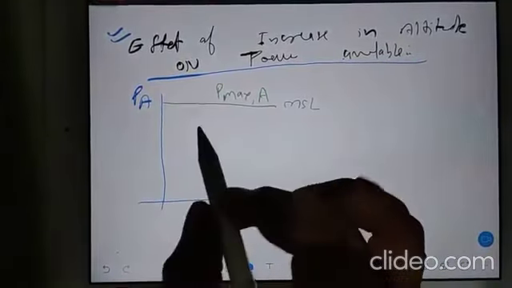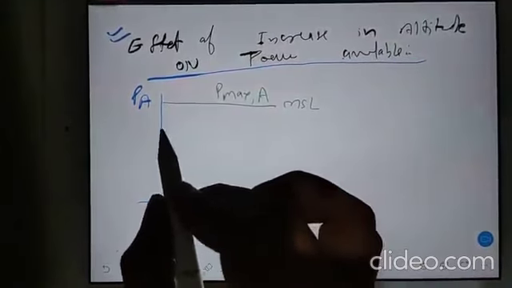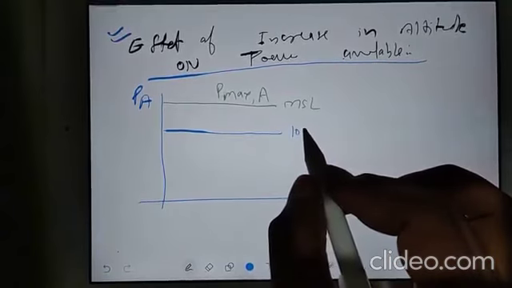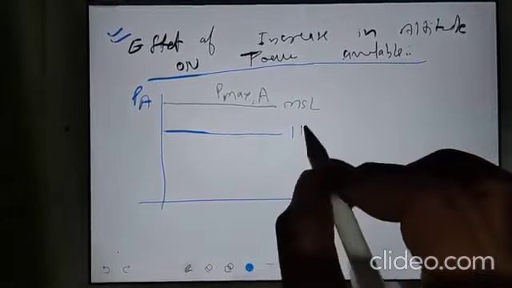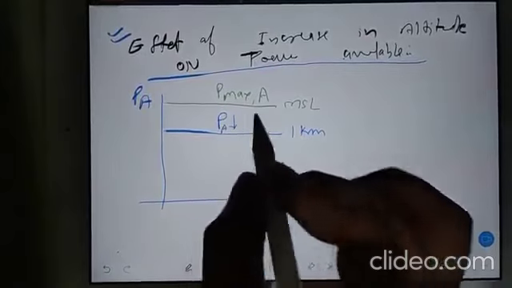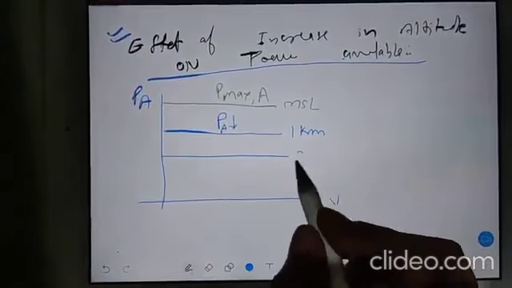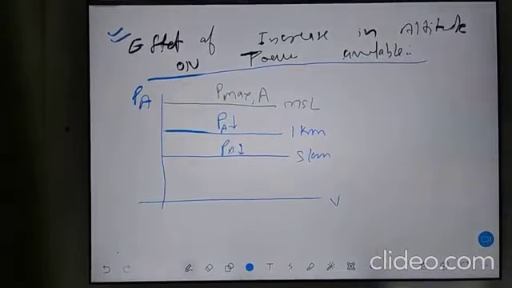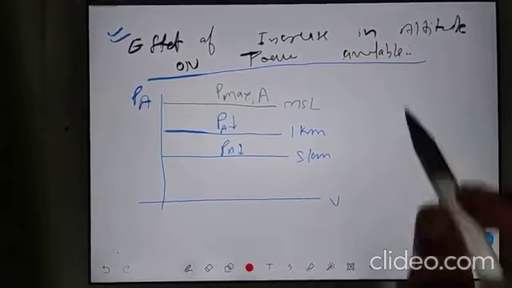But when your altitude will increase, suppose you got just imagine some 1 kilometer altitude, then your power available decreased. Then suppose you got some 5 kilometer altitude, then again power available decreased.